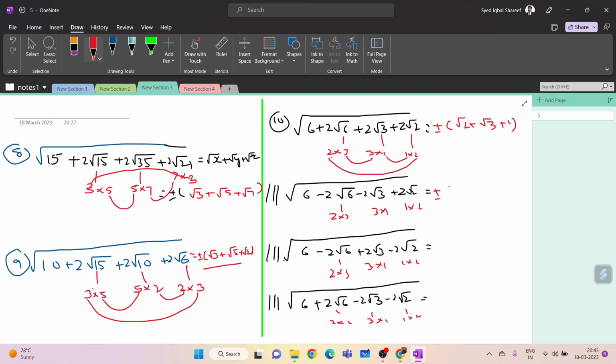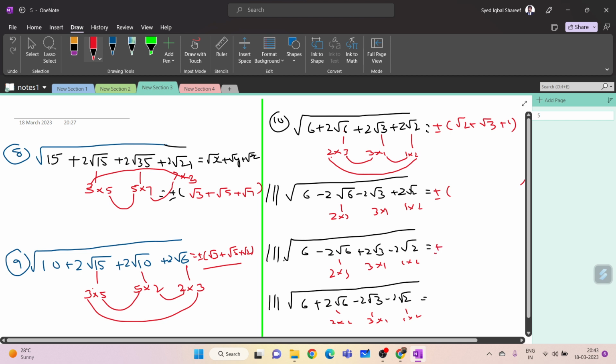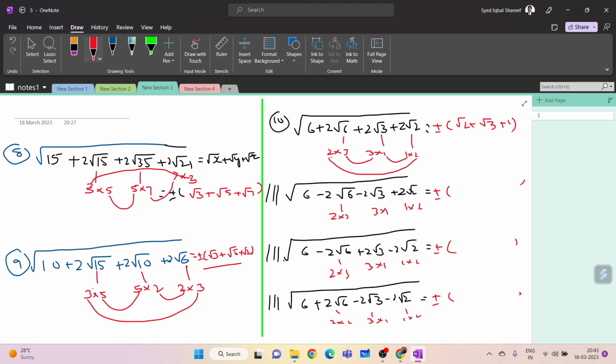So now the answer will be plus or minus. See here, which number is repeated? You see 2 into 3. Here 3 is there, minus; here 3 is there, minus. So minus will be the 3 here: root 2 minus root 3 plus 1.